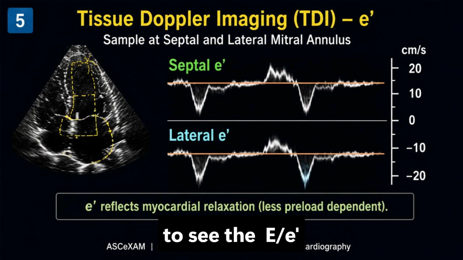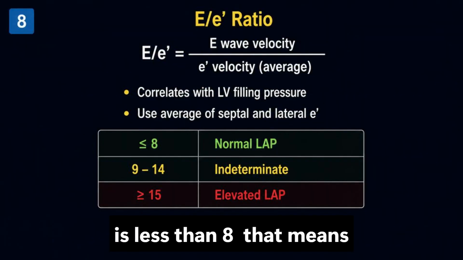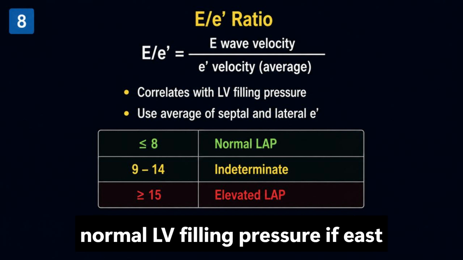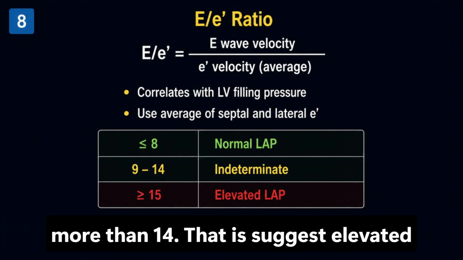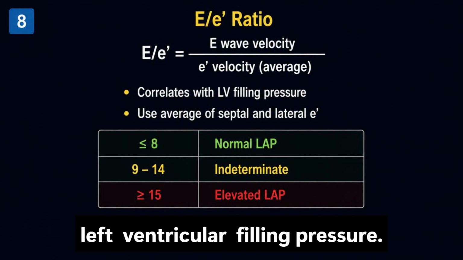So we have to see the E by E prime. If E by E prime is less than 8, that means normal LV filling pressure. If E by E prime is more than 14, that suggests elevated left ventricular filling pressure.